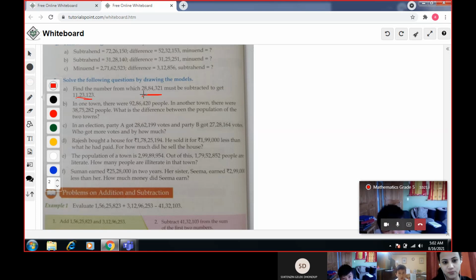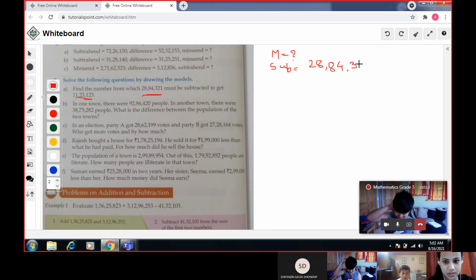So what we will do to find that number? Can you tell me? According to the question, we have to find the minuend. Subtrahend is given. What is the subtrahend? Subtrahend is 28,84,321.